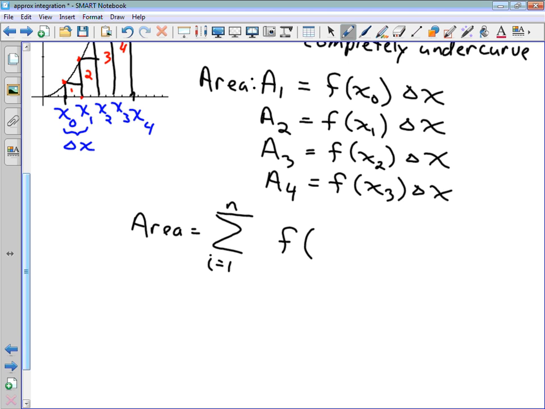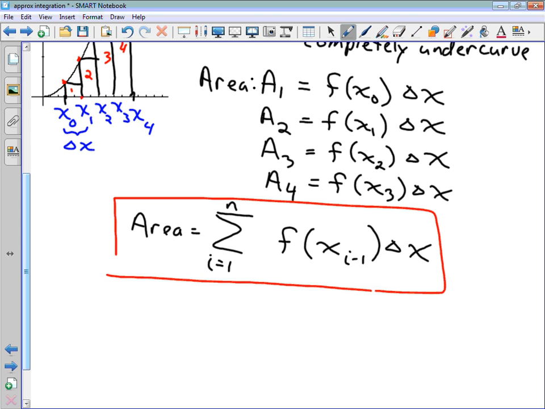So if i starts at 1, we've got to do i minus 1, times delta x. So there's a general formula for finding the area under the curve using left endpoint rectangles.